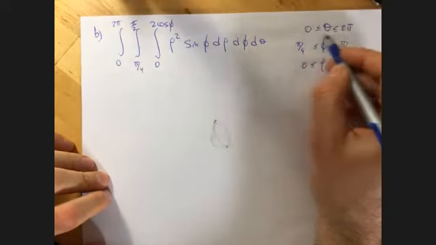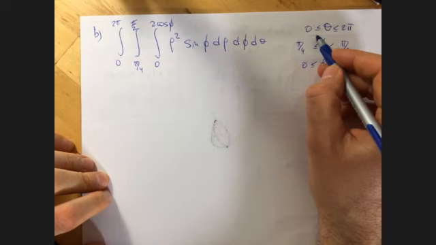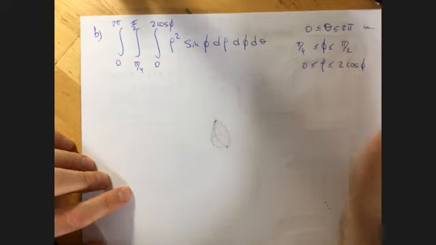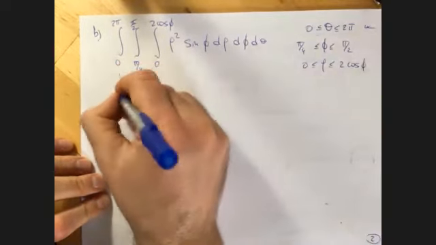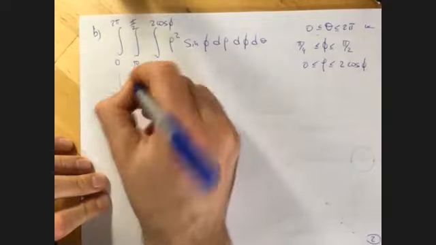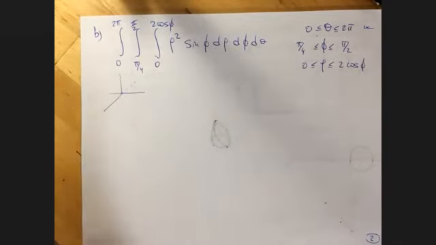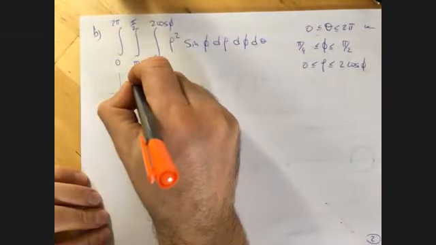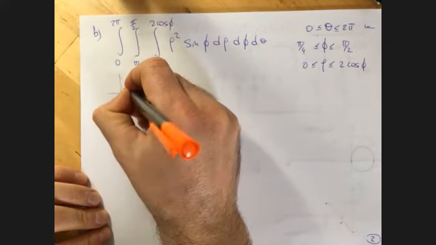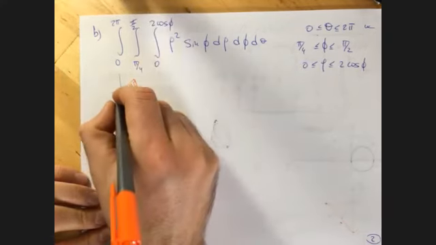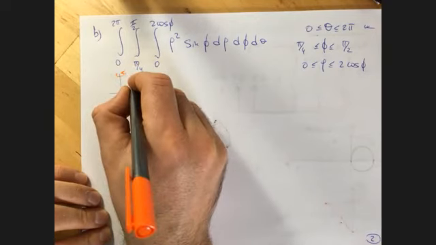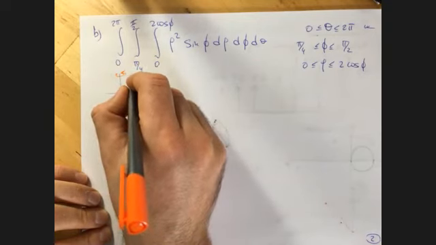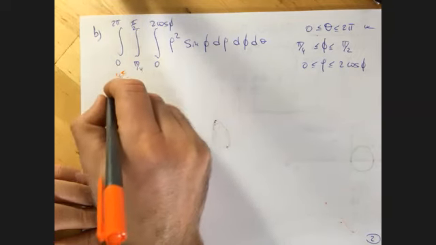Well, this means that the solid is making a full circle around the z-axis. That's fine, no problems there. This means that phi, in 3 dimensions, we're just going to start at pi over 4, and then go to pi over 2. And then when you spin this around the x-axis, sorry, the z-axis, you're going to get something like that, right?